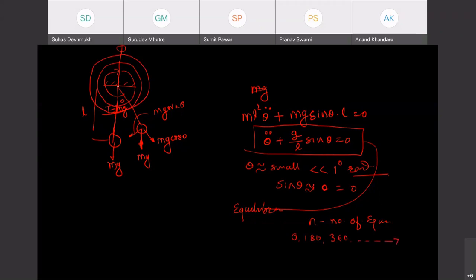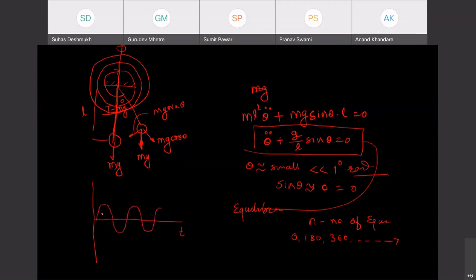Out of that, if I take one simple example and plot with respect to time, I can get oscillations like this.